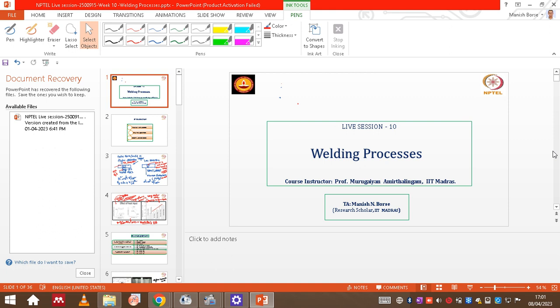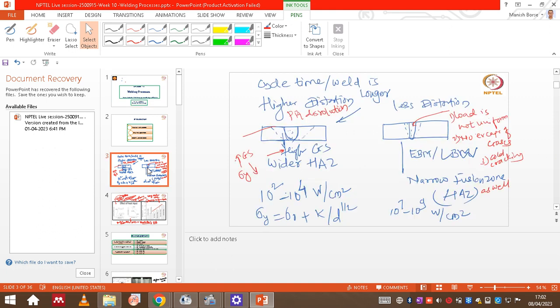In conventional processes we have to do multiple passes to join thicker plates, but in high power energy density processes, the power is concentrated on a very narrow area, so the power density is higher and it can ensure very large penetration, right?